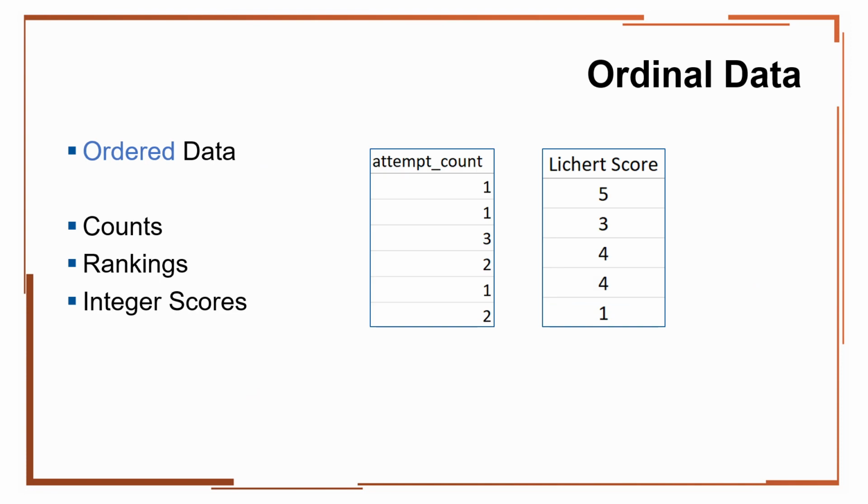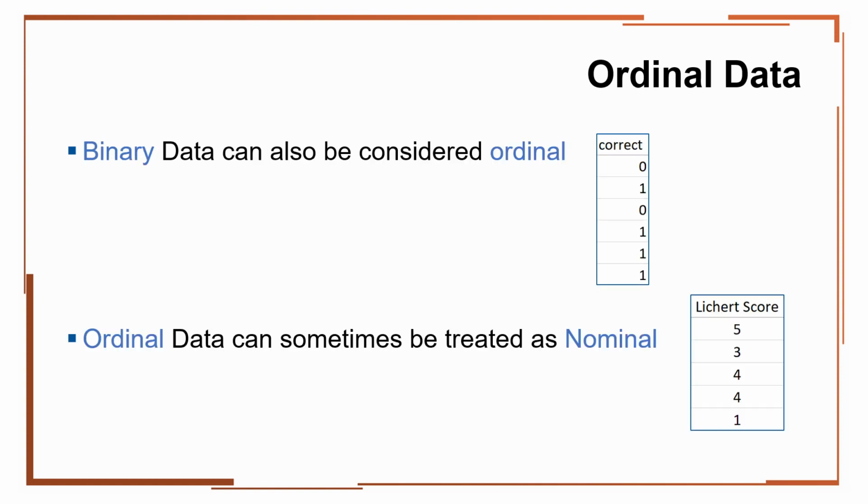Our second data type, ordinal data, describes features that contain ordered values. This includes features that represent value scales, such as Likert scores, but also includes discrete numeric data, such as counts or other rankings. Binary data, particularly when it's converted into ones and zeros to represent the two values, can also be considered ordinal.